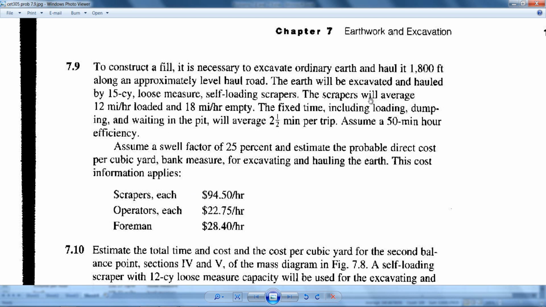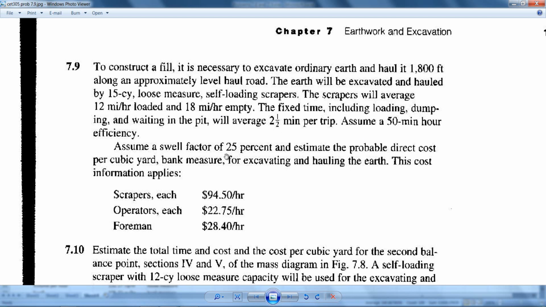When we look at this problem, it's an 1,800 foot haul. That's something that we could change. 1,500 cubic yards of loose measure. They're self-loading scrapers. They travel 12 miles per hour and 18 miles per hour, 2.5 minutes per trip, 50-minute hour.